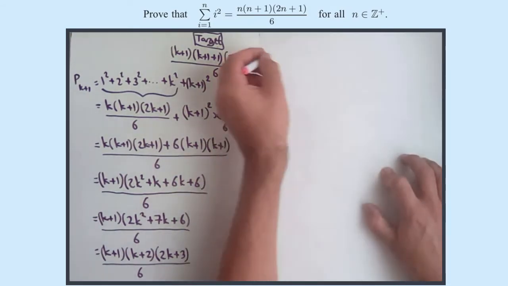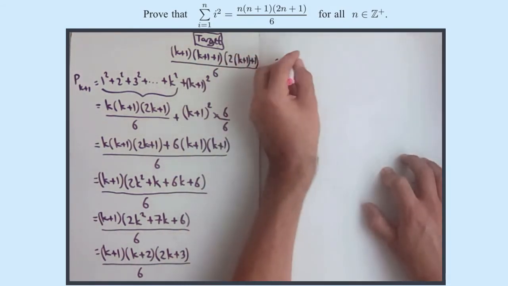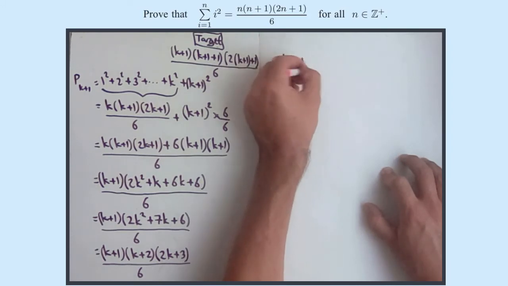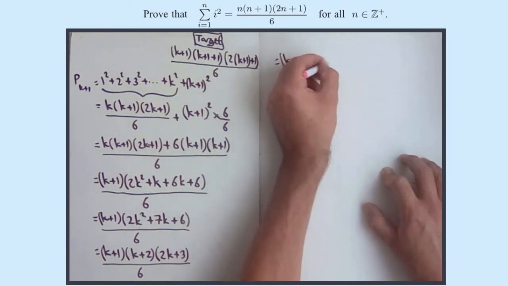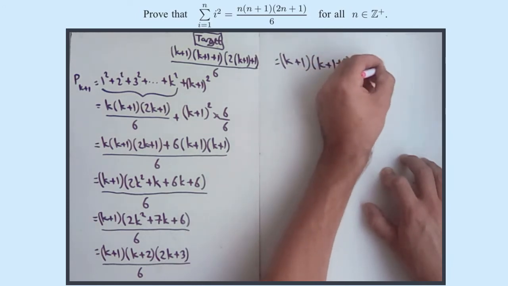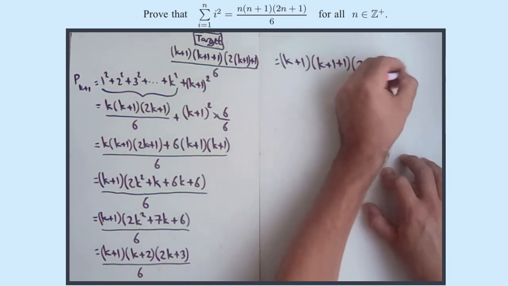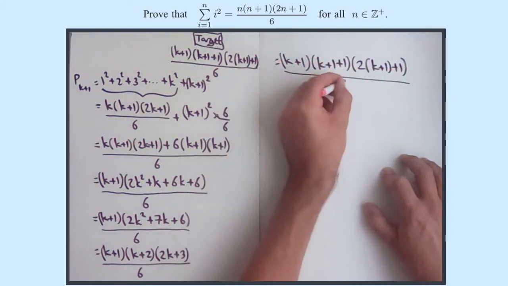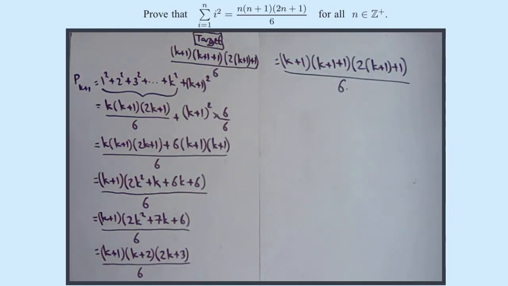So let's write this equals k plus 1, k plus 1 plus 1, 2 times k plus 1 plus 1, over 6. And that is what we were aiming at. So that shows us that the proposition for the k plus 1th case is true whenever the kth case is true.